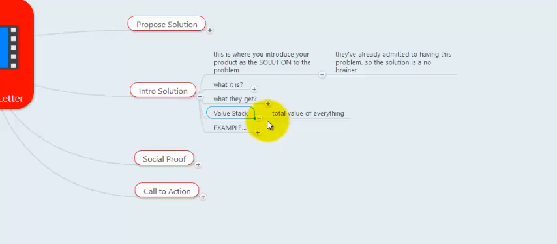Say, for example, the information in each module is easily worth $197, and the bonus is worth $497. And if you can add some reasoning behind those dollar amounts, do that. Perhaps you could say each module is worth $497 because that's how much money I made when I implemented these tactics in my business, for example.